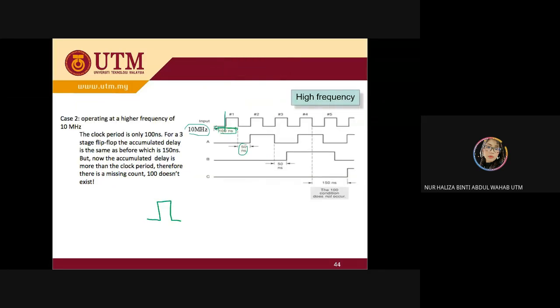You can see here it's similar to when you have 100 ringgit, but suddenly your friend takes RM50. How many do you have left? 50 ringgit only, right?